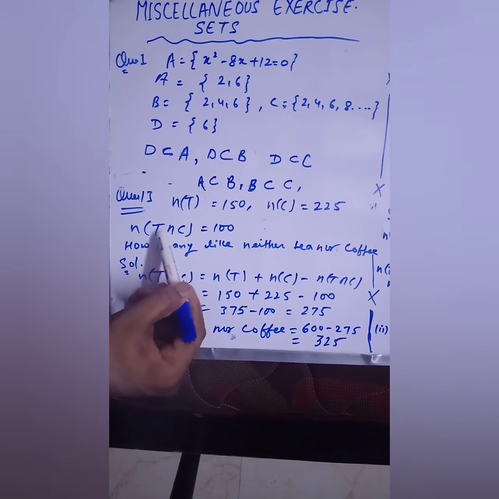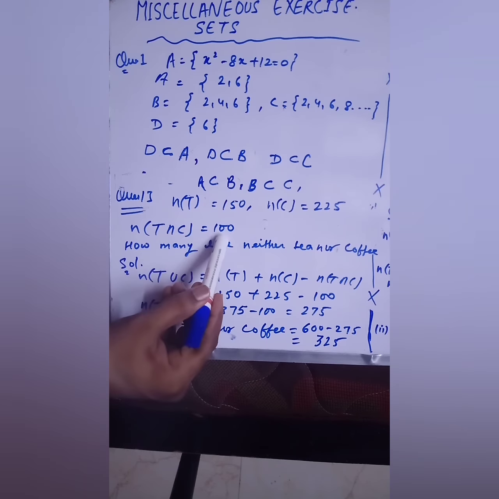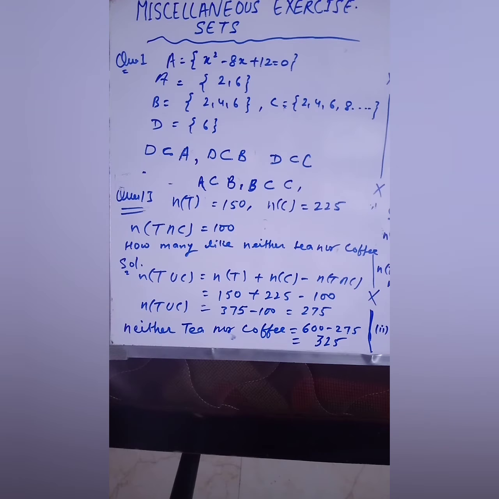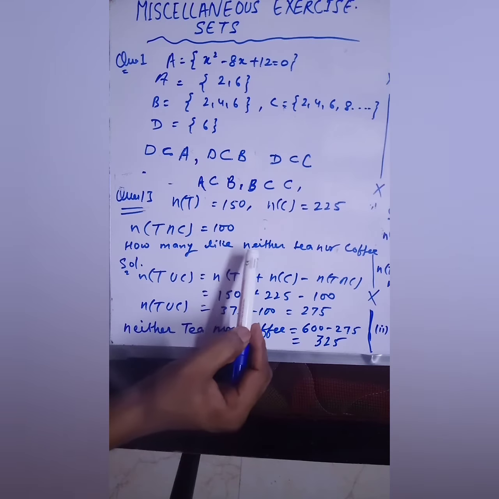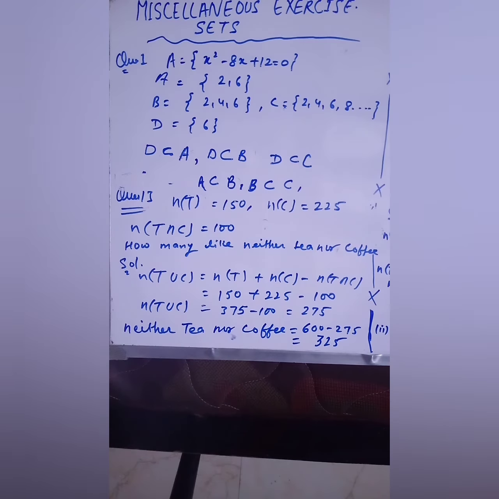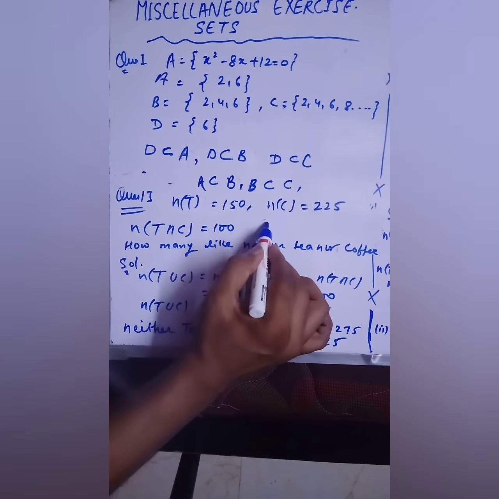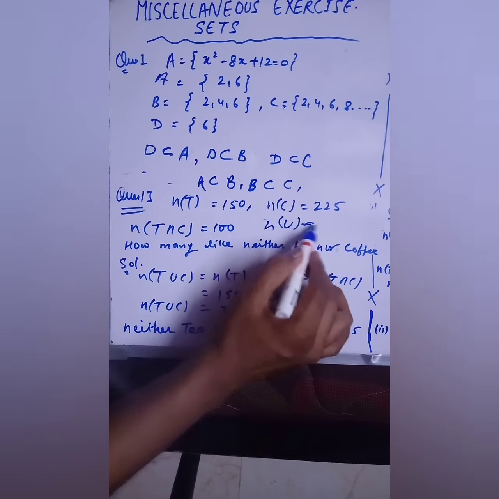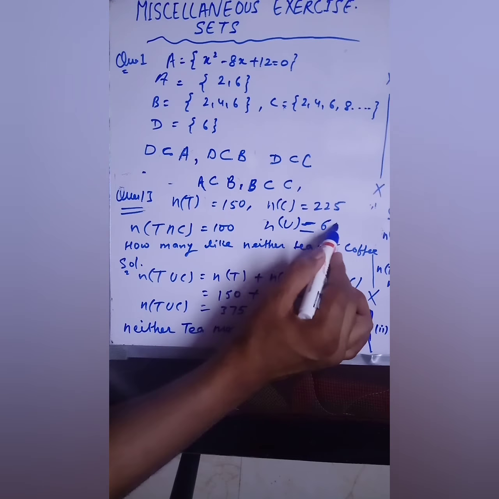So here the intersection of T and C is given, which is 100. Got it? This is the given data, and we have to find out how many like neither tea nor coffee. That means the total, that is N of the universal set, which is given to us, is 600.